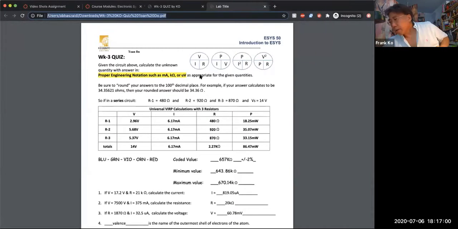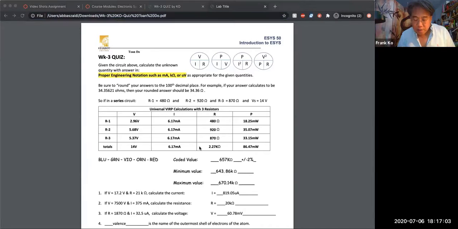Where's that calculator? Let's see if I can force it to do an error. Enter, engineering. I can get it to go into smaller numbers, but not necessarily decimal bigger numbers. The last number in that table was 2,270, which is the sum of the first 3 resistors.